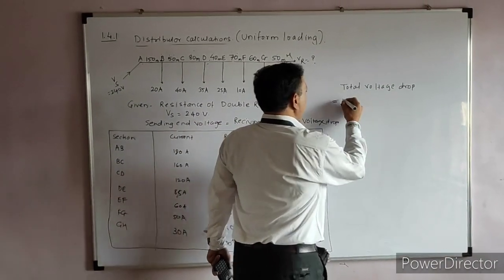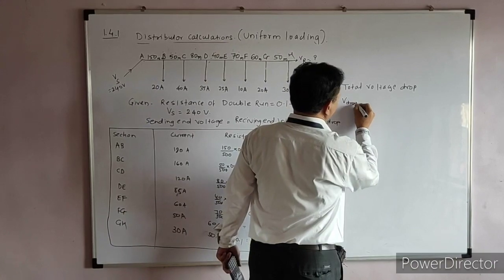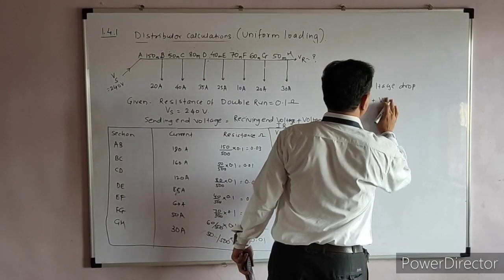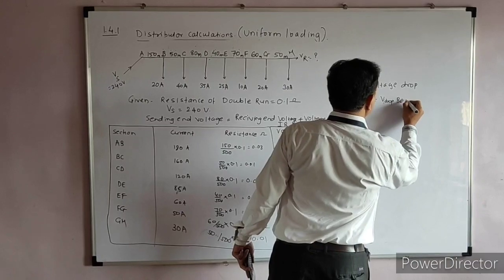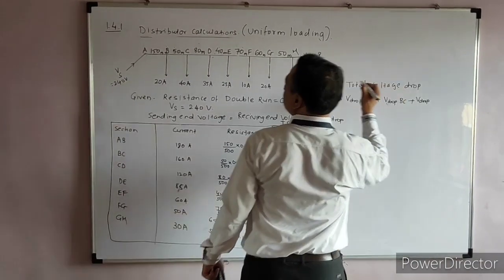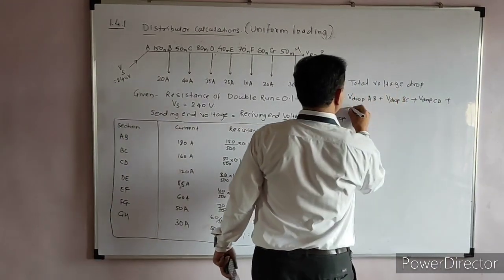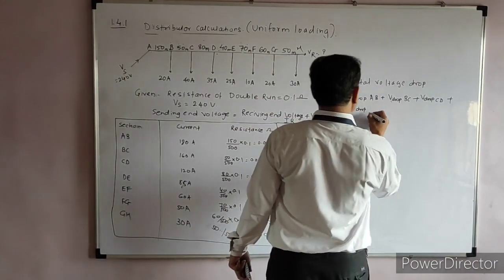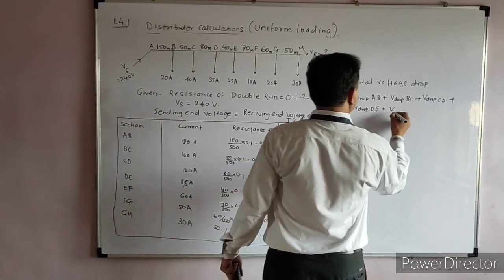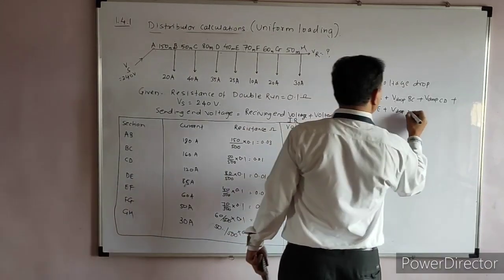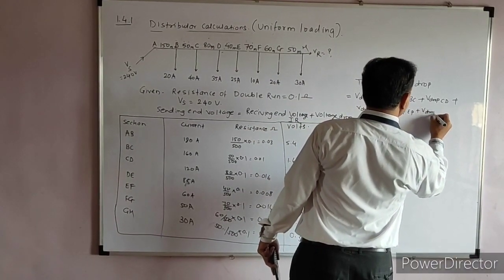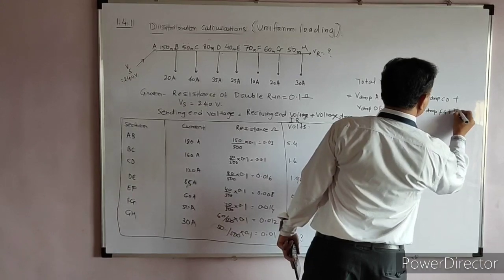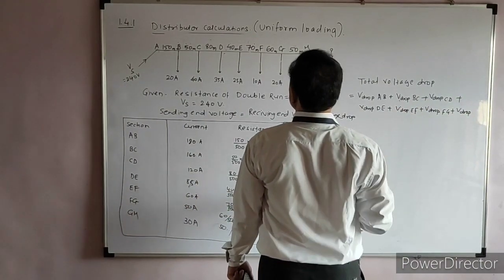So we write the voltage drop across the section AB plus voltage drop in BC plus voltage drop in CD plus voltage drop in DE plus voltage drop in EF plus voltage drop in FG plus voltage drop in GH.